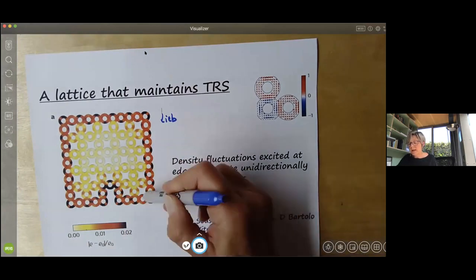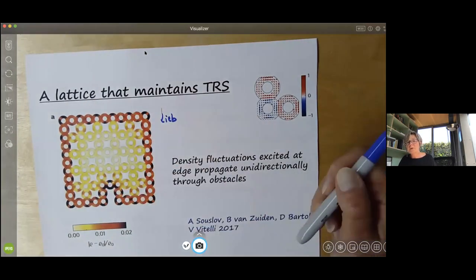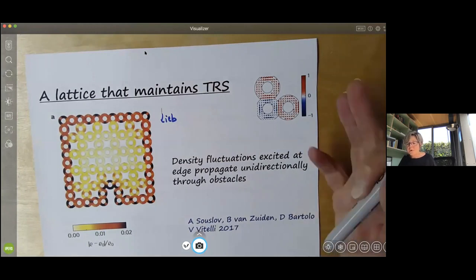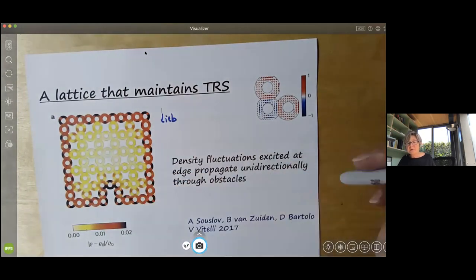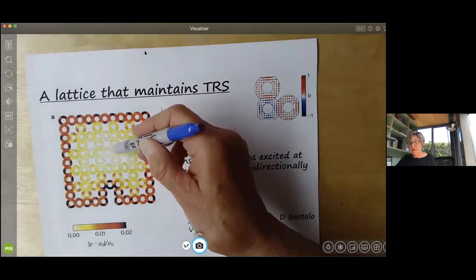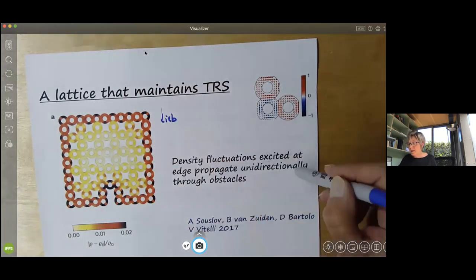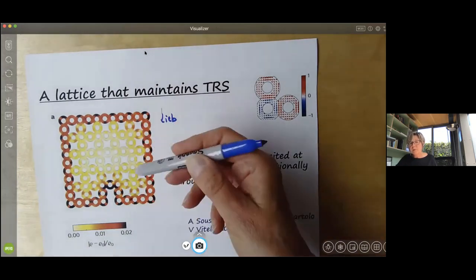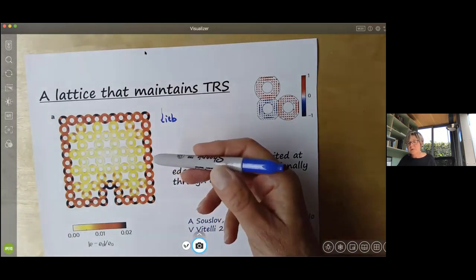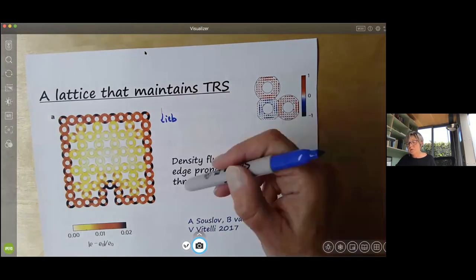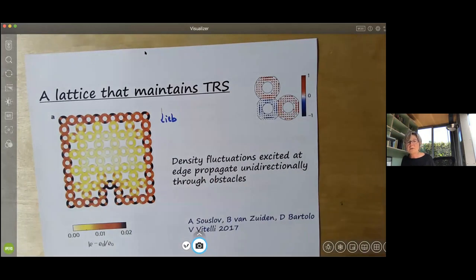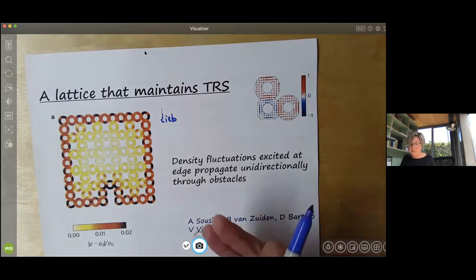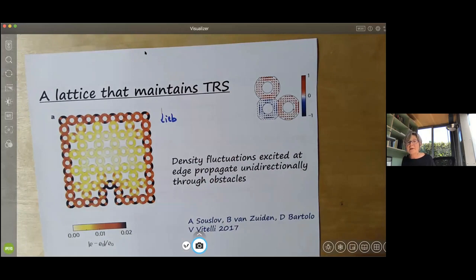So again, it's another example of a topologically protected edge mode in a fluid, where density fluctuations propagating at the edge travel unidirectionally. They cannot backscatter because they cannot go into the bulk, because this system has a gap for the propagation of density waves in the bulk, due to the complicated lattice structure. And they can travel through obstacles without being backscattered because, due to the broken time reversal symmetry, they cannot travel backwards.